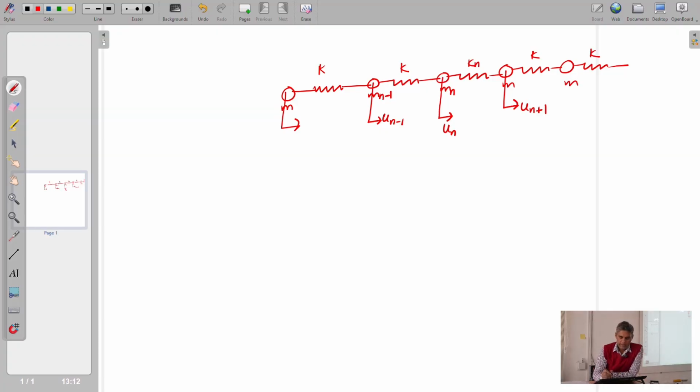Since this is moving with the displacement of Un, this also Un plus 1. So on this mass there will be force applied by the spring n plus 1 and spring n minus 1, right. The force applied on this mass will be from these springs n plus 1 and n minus 1, right.